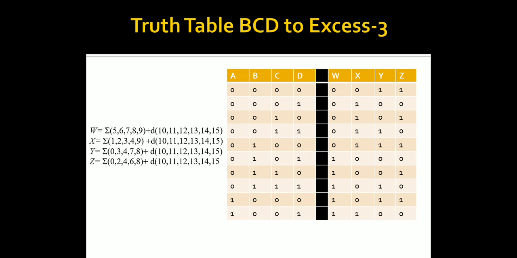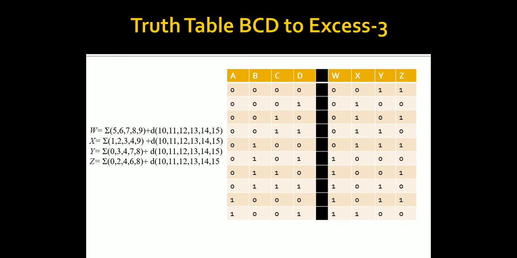Now the input is BCD and I have to convert it into XS3. In XS3 code, we have 4 outputs W, X, Y and Z. Now W is 1 at the last positions. These positions are the 5th, 6th, 7th, 8th and 9th. So on the left hand side we write W equals the summation of the 5th, 6th, 7th, 8th and 9th terms plus d.